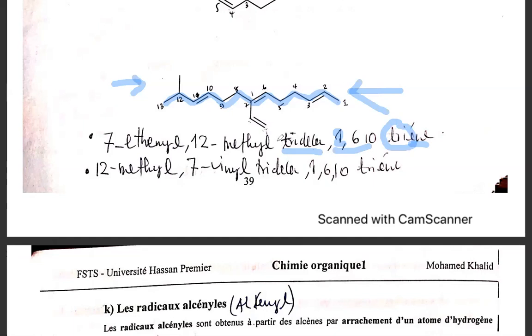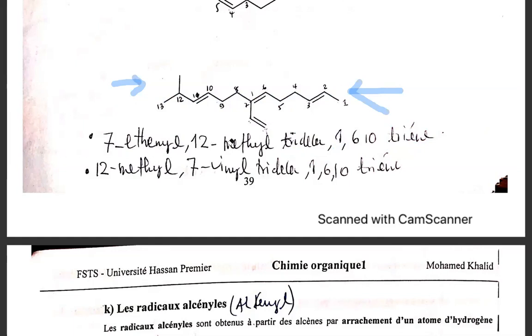So therefore it will be trideca-2,6,10-triene. Is it clear on the principal chain? Now we go to the substituent.